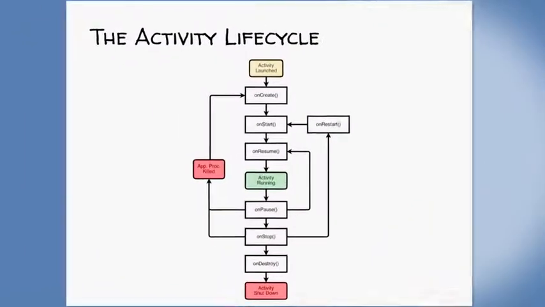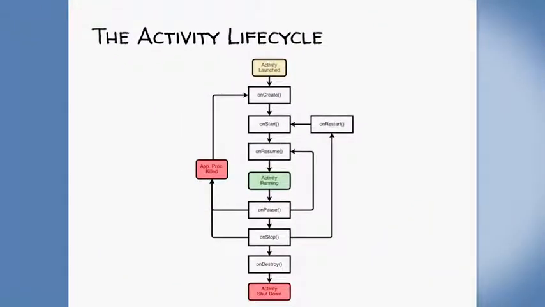So let's imagine a simple application with one activity that starts up, waits for a moment, and then exits. In this simple case, when that application is launched, Android will call the activity's onCreate method. Then Android will call its onStart method. And then onResume. After which the activity's user interface will appear on the device's screen and the user can interact with it.